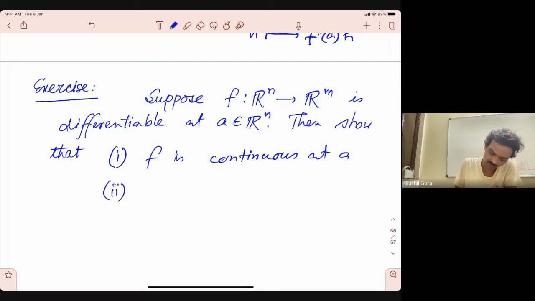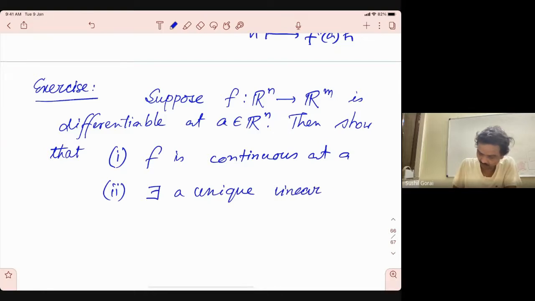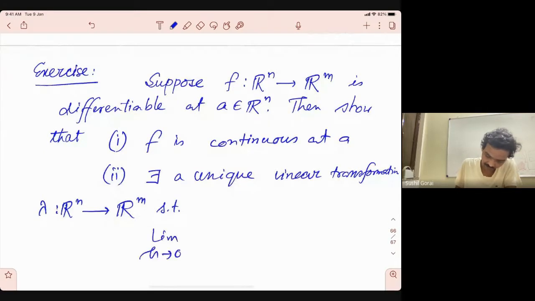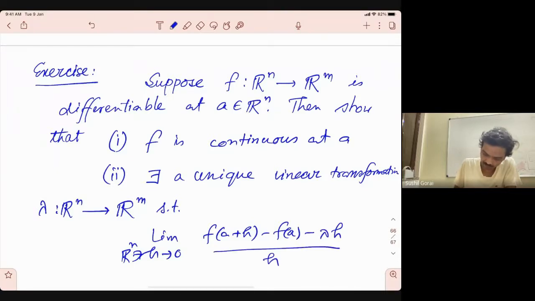Secondly, there exists a unique linear transformation lambda from Rn to Rm such that the limit as h tends to 0 in Rn of (f(a plus h) minus f(a) minus lambda h) by norm h is equal to 0.